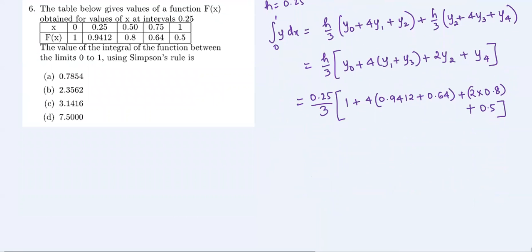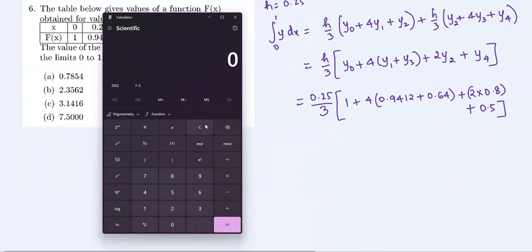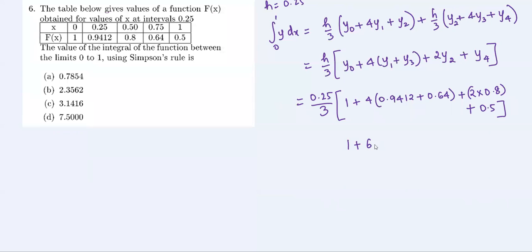Okay, so let's see this. 0.9412 plus 0.64, 1.5812, multiplied by 4, 6.3248. 1 plus 6.3248 plus this is 1.6 plus 0.5.